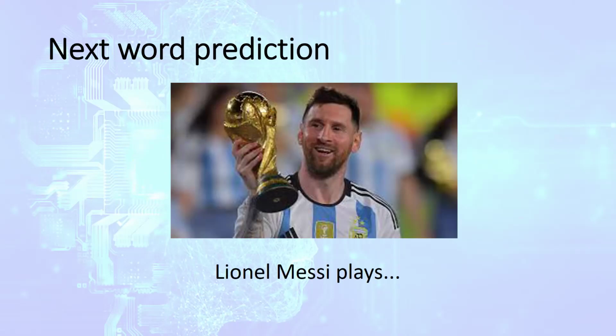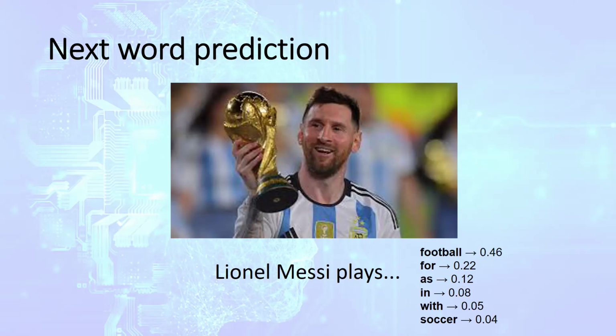So when GPT answers the question, Lionel Messi plays which kind of sport, or what the next word will be, the information that Lionel Messi plays football is not explicitly stored inside ChatGPT, inside the large language model. So it's not like a database. No. Due to vast training, however, these models make connections between different words.